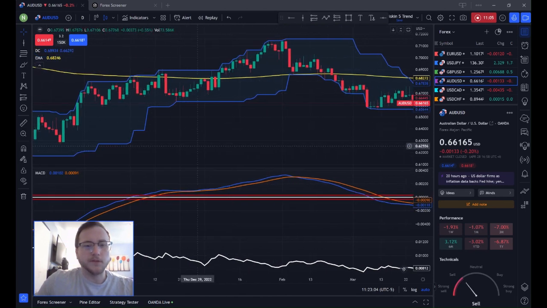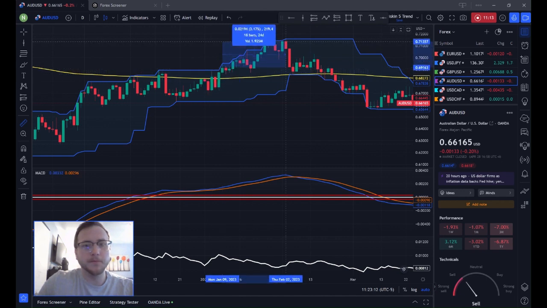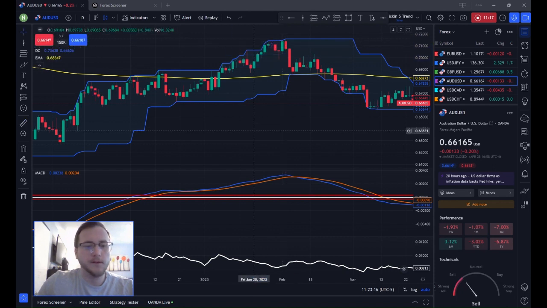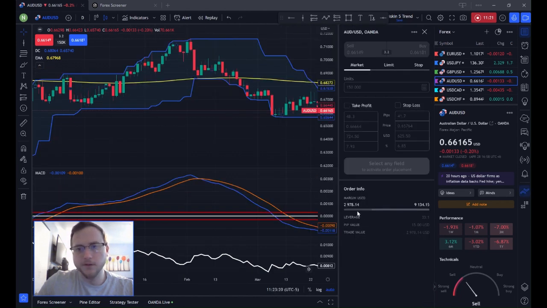We have crossing the zero line. We're above the EMA, closing here above the EMA. We're going up 3% over 3.5 weeks, $3,000. Again, leverage is 33 to 1 for Aussie to USD.